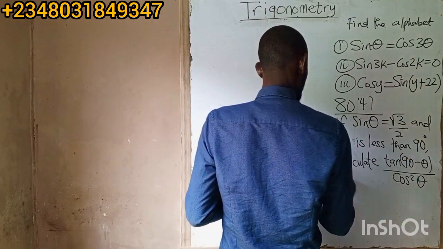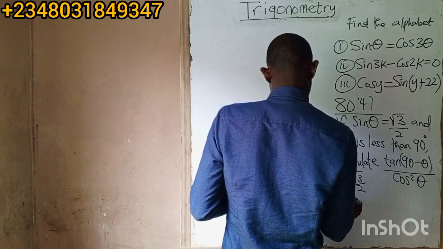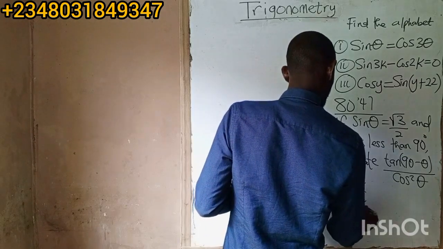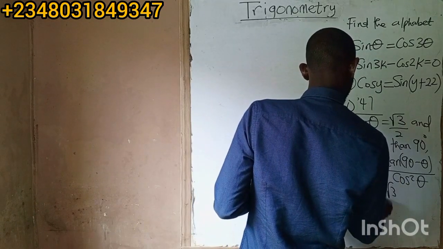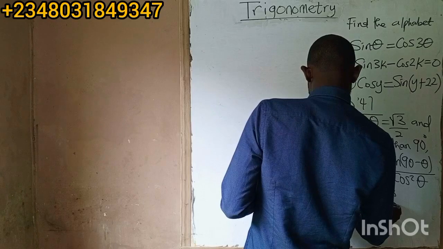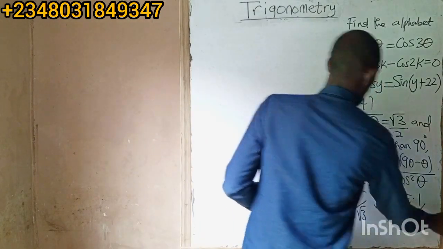We're given the options: A, root 3 over 2; B, 4 over root 3; C, 4 root 3; D, 2 root 3; E, 1 over 2.